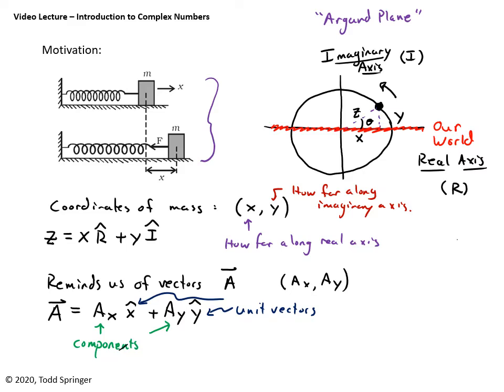Okay? So it looks a lot like vectors, right? The idea is very similar to vectors. So we said I can think of this weird space and the position of the object in this weird space as kind of like a vector, as some component along the real axis plus some other component along the imaginary axis.